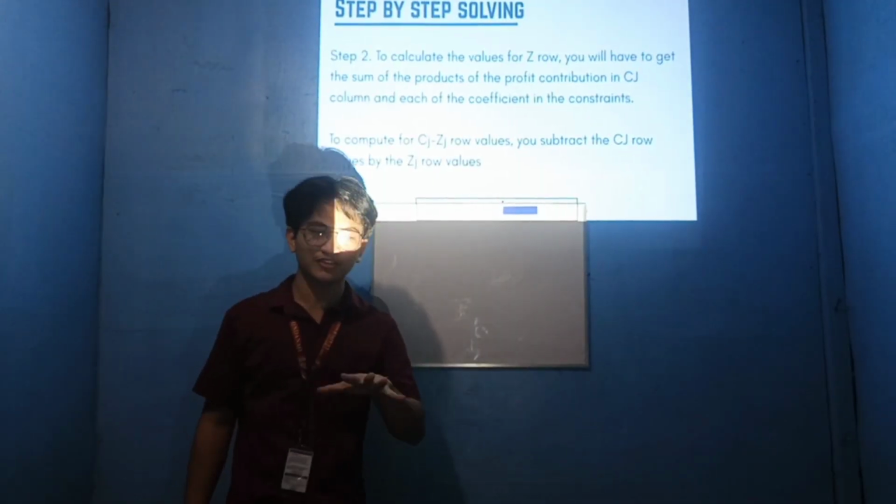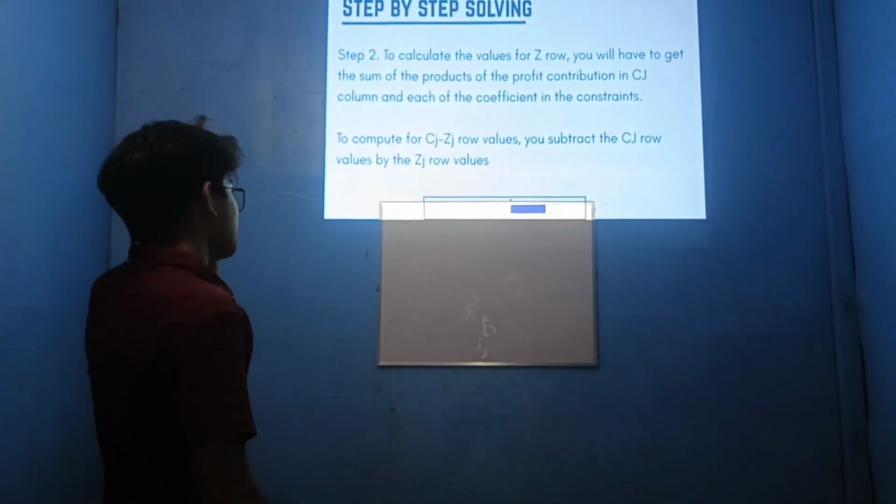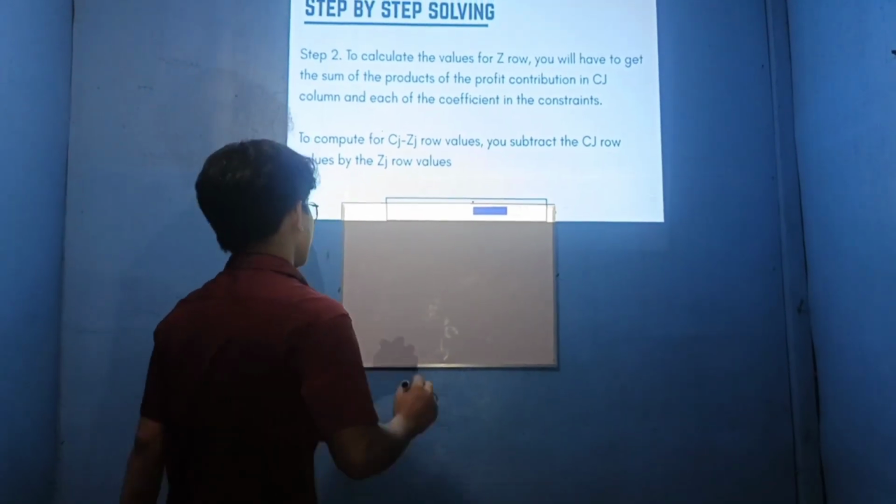To calculate the values for Zj, you get the sum of the products of the profit contribution in the Cj column and each of the coefficients in the constraint.